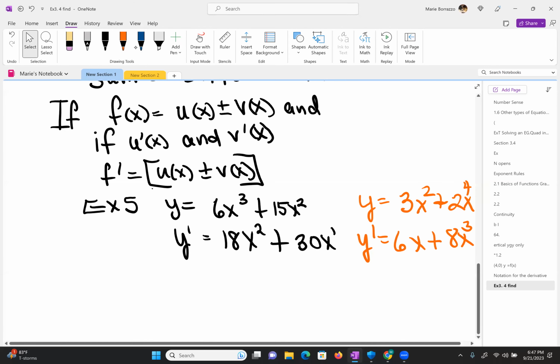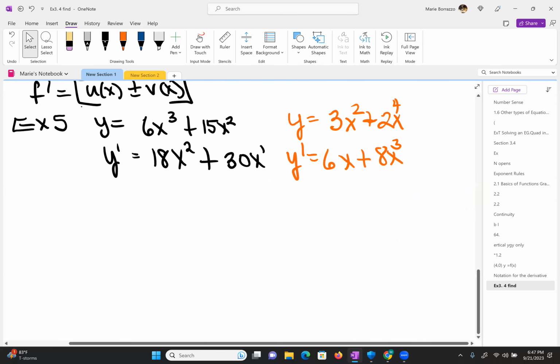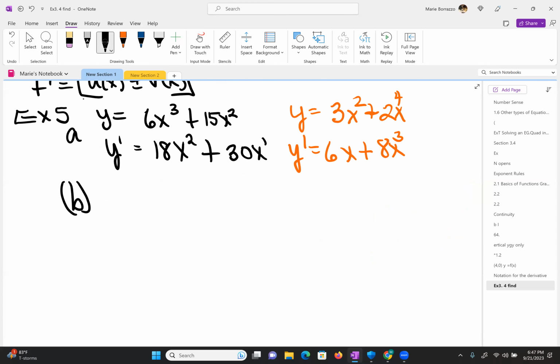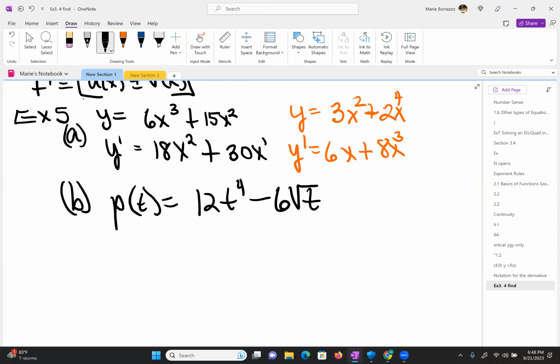But I like to see this a different way. Part B, example B. So let's call this example A. In example B, we're still doing the same thing. They're giving us a function. They're saying if this is some function P of t, this is equal to 12 t to the 4th minus 6 square root of t plus 5 over t.